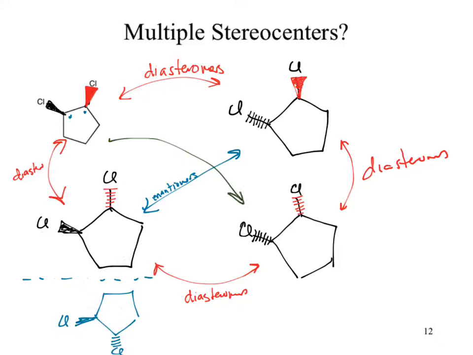Okay, last one. What do you think? Enantiomers would be a good idea based off all the patterning here, except I did not show that as a blue arrow. What did I show that as? A green arrow, because they are not enantiomers. They are indeed mirror images, but they are superimposable mirror images.